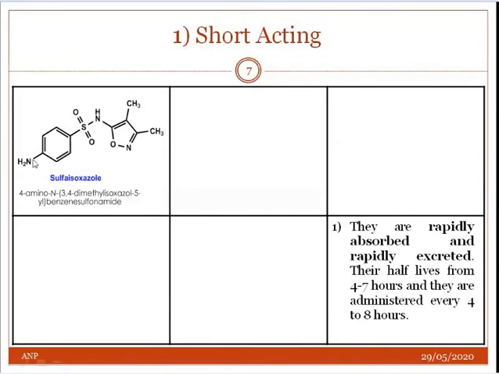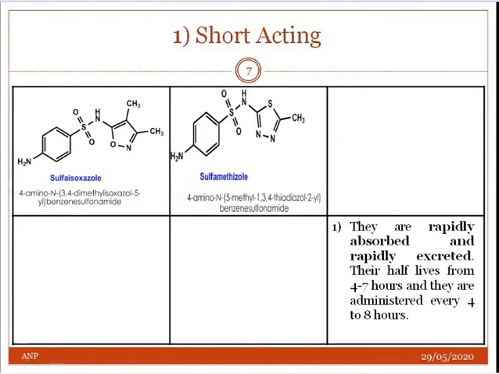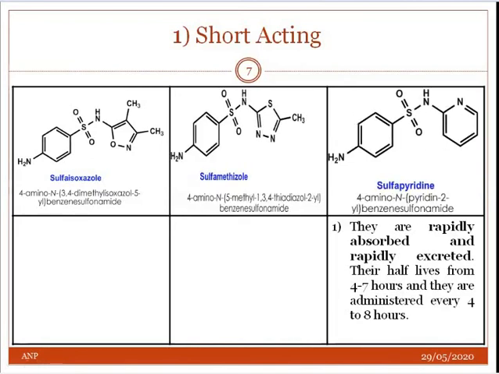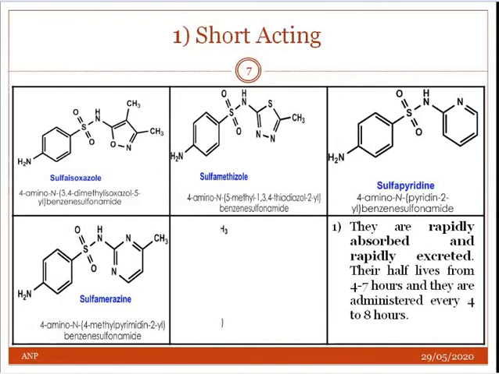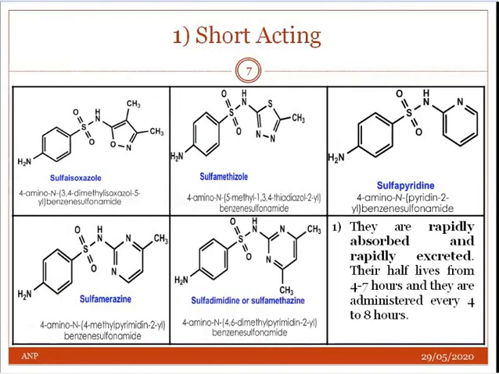Draw the general structure: NH2, benzene ring, SO2, and NH. I will put all the structures over this: sulfisoxazole, then the second one is sulfamethizole, then sulfapyridine, sulfamerazine, and sulfadiazine or sulfamethazine.